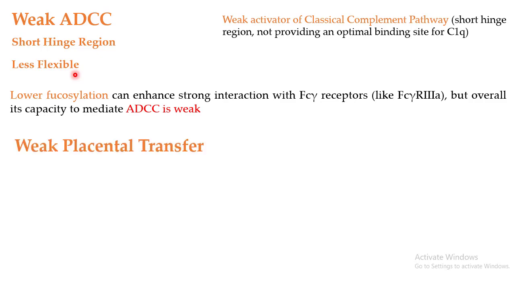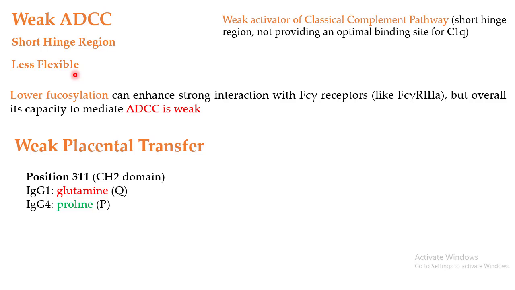Now, the placental transfer of the immunoglobulin G4 is not as efficient as compared to the immunoglobulin G1, and there are reasons for this. When you talk about the weak placental transfer of the immunoglobulin G4, certain substitutions are usually responsible.